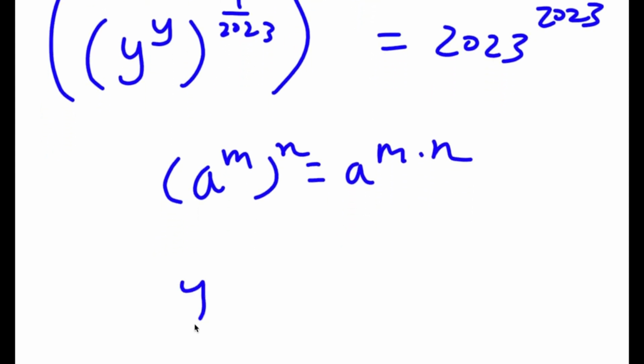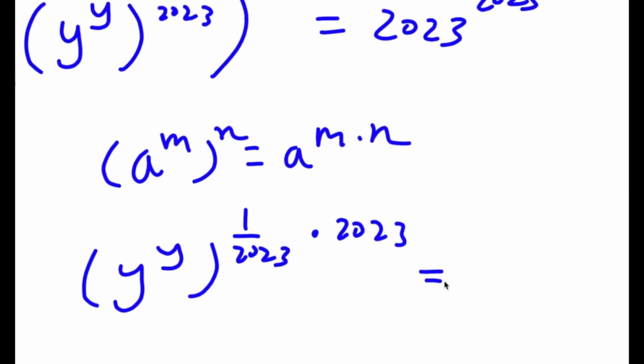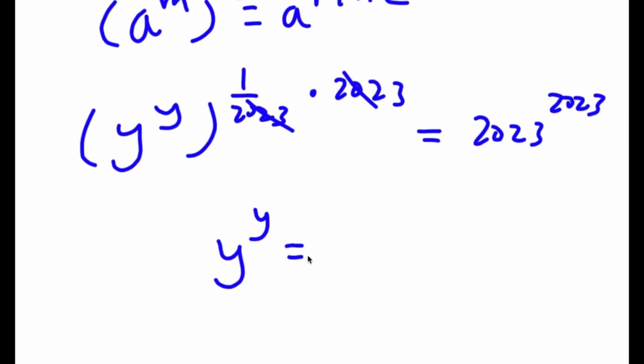So this would equal y to the power of y to the power of 1 over 2023 times 2023, and this is equal to 2023 to the power of 2023. So then these two would cancel out, and I would be left with y to the power of y is equal to 2023 to the power of 2023.